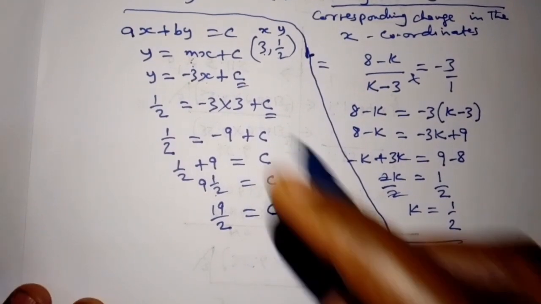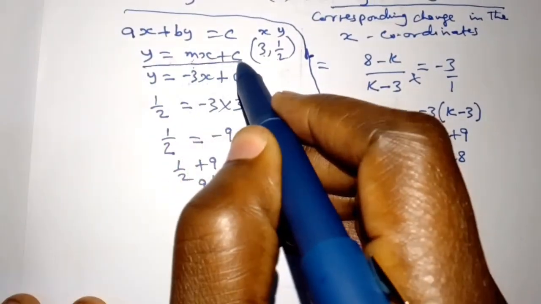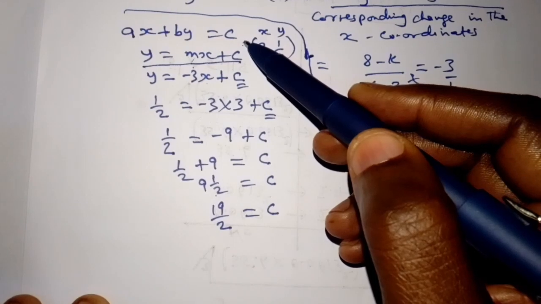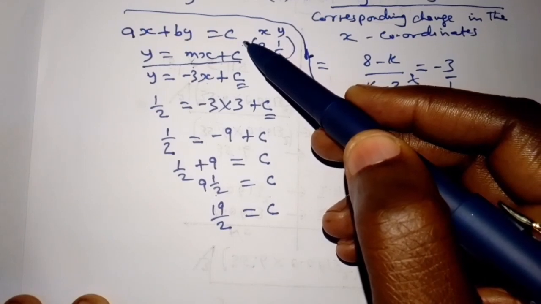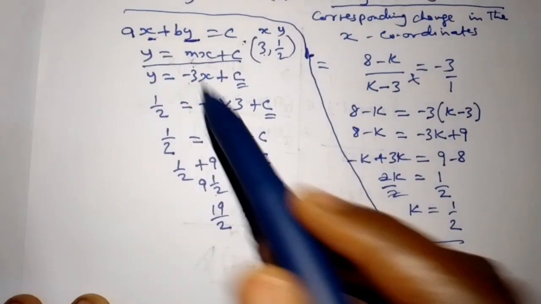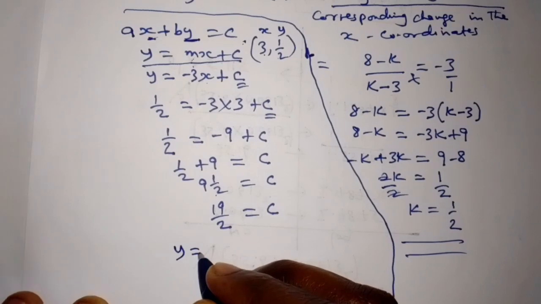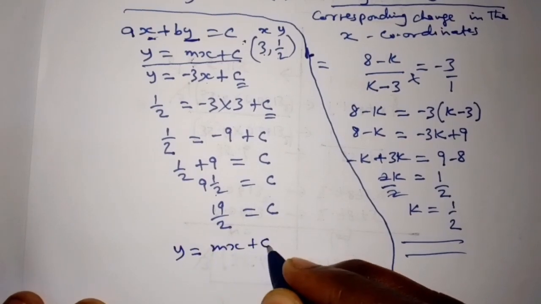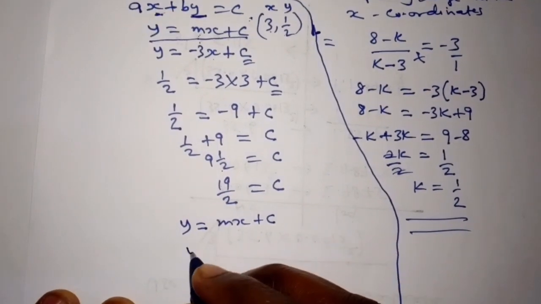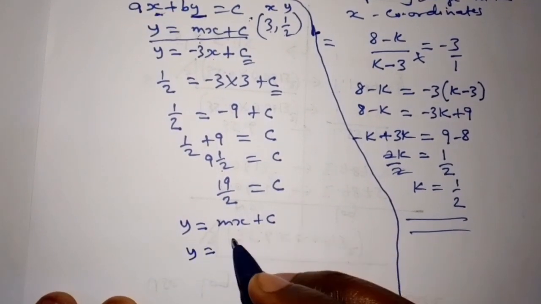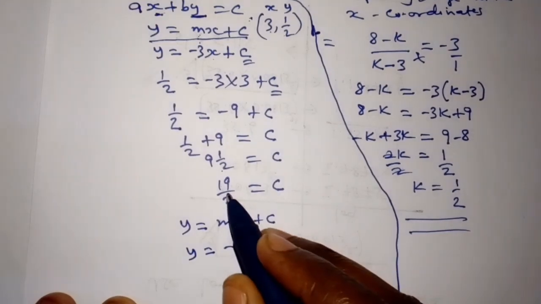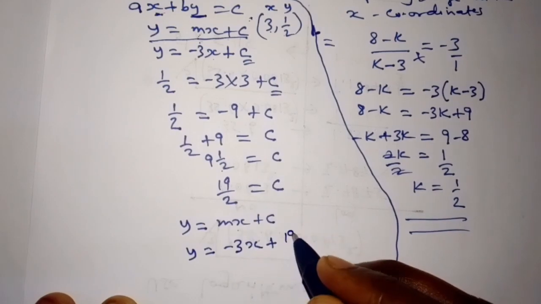Now, in this equation we can put the value of c here. We want to remain with x and y. So now we can say that y is equal to mx plus c: y is equal to -3x plus 19 over 2.